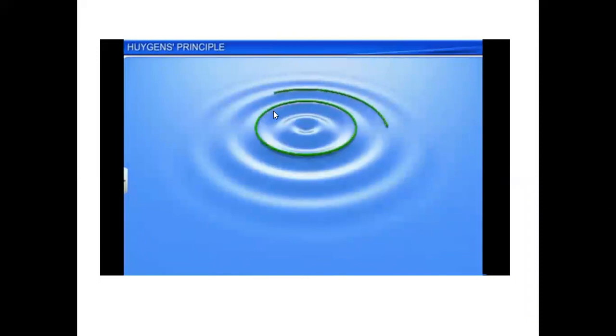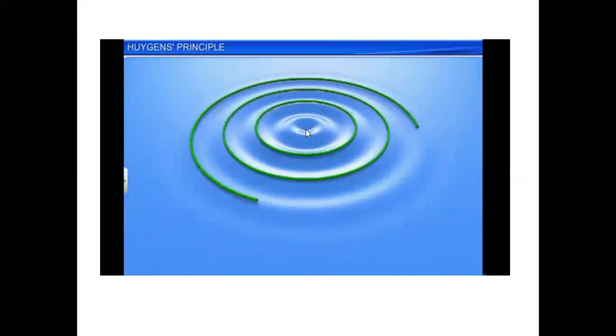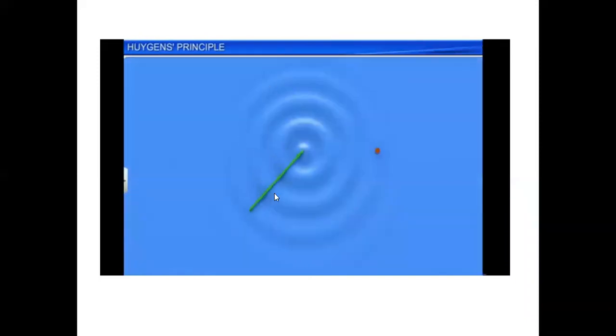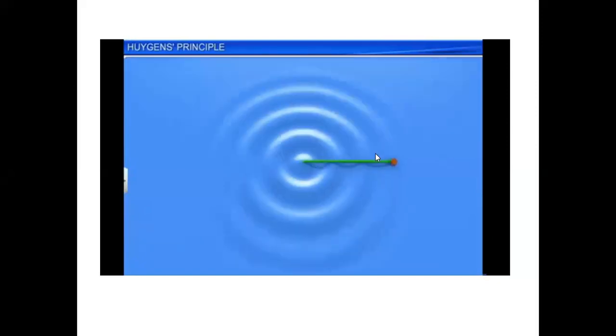For example, here all the particles are in the crest, from the point source or the source of disturbance till this point. If you draw a line or a circle, this is called the locus of all the points. So this locus is having a crest, this locus is having another crest. So from the source at a particular distance, all the particles will be in phase. So the locus of all those points gives the wavefront.